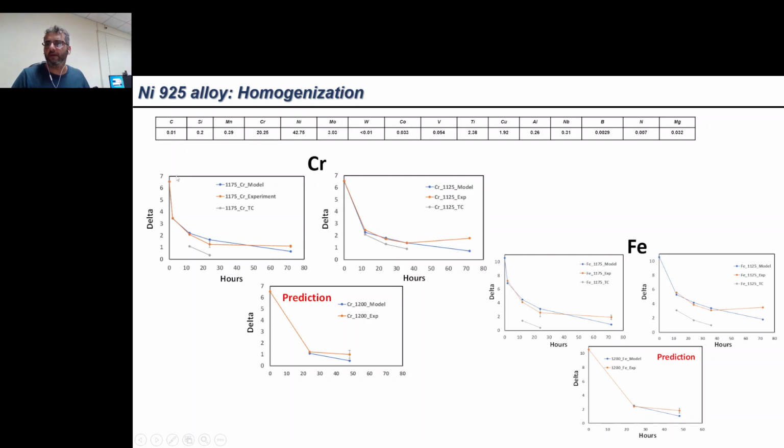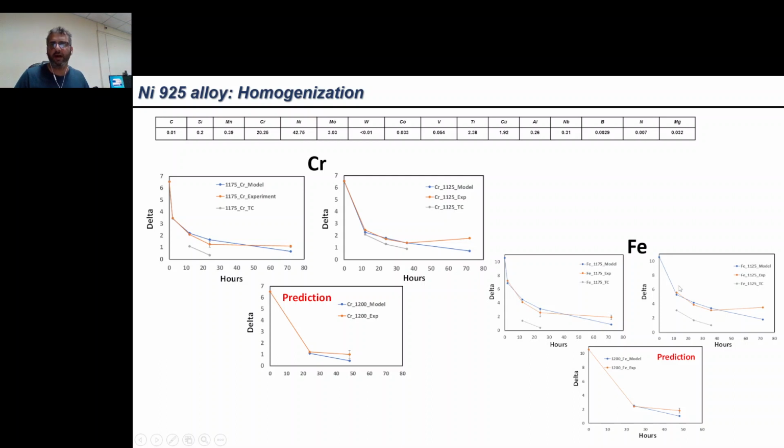Delta being highest is of course the as-cast stage, and the ideal homogenization would be when delta is 0. With an increase in homogenization time, the delta is decreasing. Then we have to find out the correct homogenization time, so that we have delta within some acceptable range.